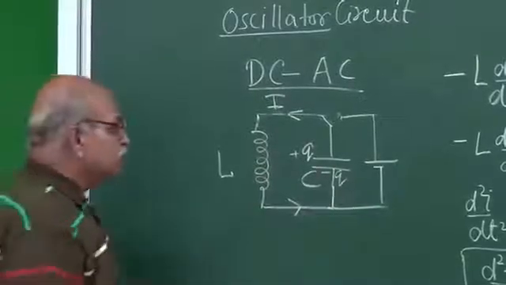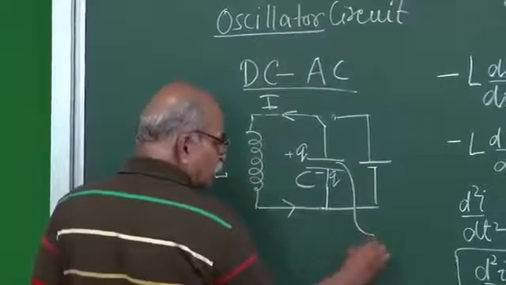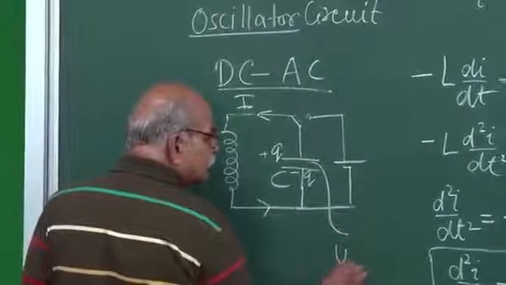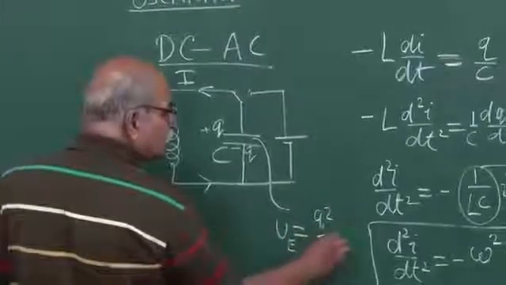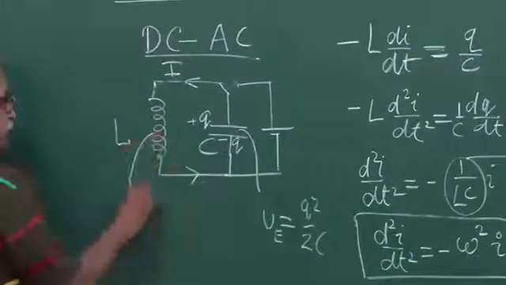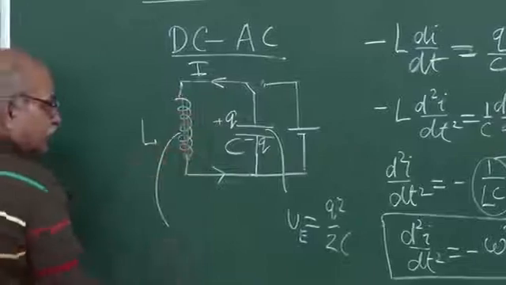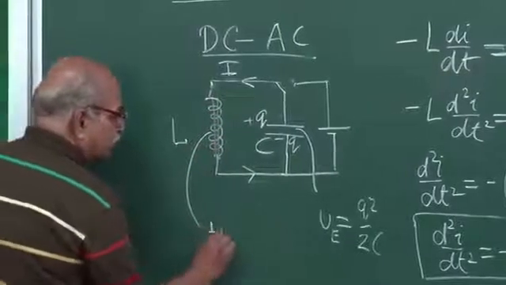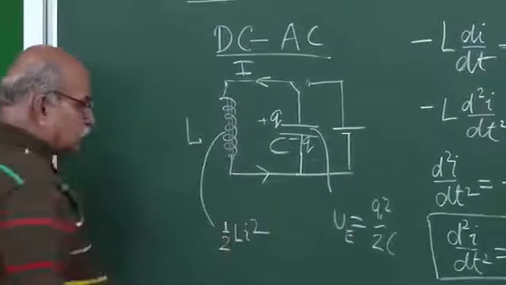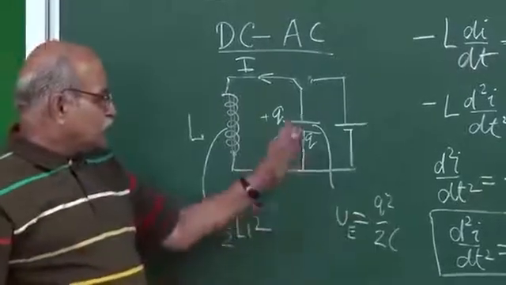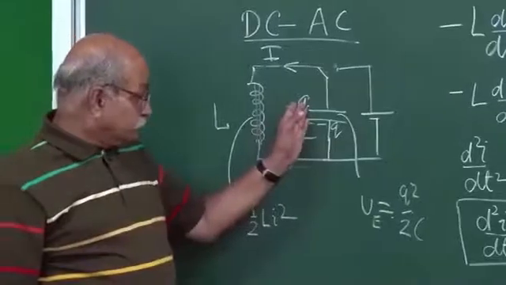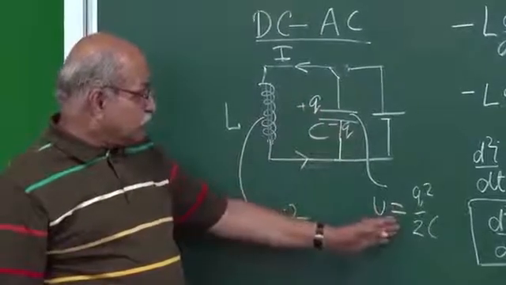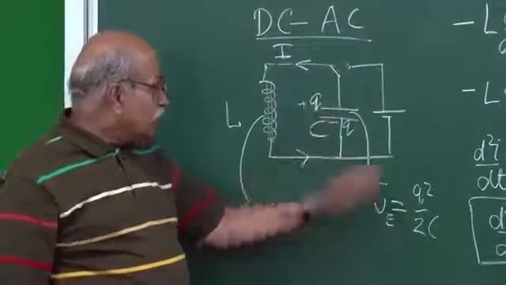If you think in terms of energy, the electrical energy here is Q²/2C, and the magnetic energy, which is largely confined in this, is ½LI². So as a function of time, if this is the maximum Q, then the electric field potential energy will decrease, and this will increase.